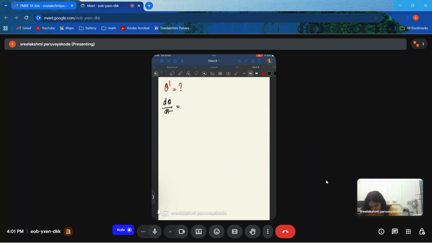That is theta dash, which is ∂theta/∂E into ∂E/∂t. Now what is ∂E/∂t? To get this, what you can do is E equal to EDC plus EAC naught sine omega t. Now let me differentiate it with respect to time. It becomes 0 with the constant, and EAC naught gives omega cos omega t, which is sine omega t plus pi by 2. So writing cos omega t, I will write like this.